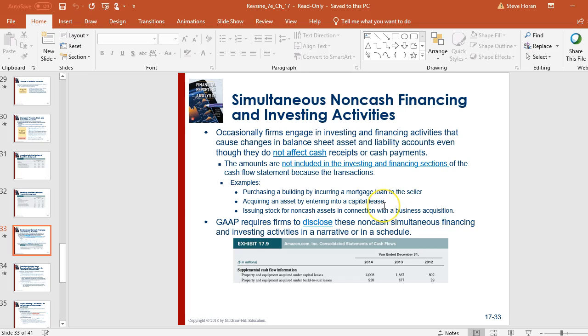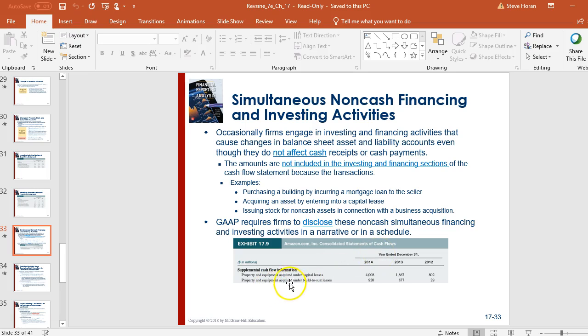Acquiring an asset by entering into a capital lease, issuing stock, or for non-cash assets in connection with a business acquisition. So just keep in mind the cash flow statement will not pick these up because cash was not affected. And so you have to disclose a non-cash statement exhibit here for anything like that.